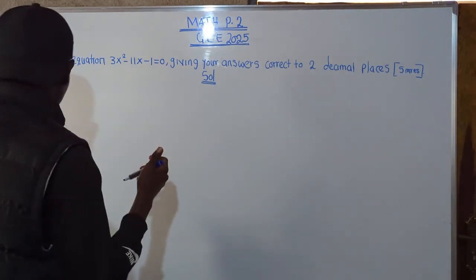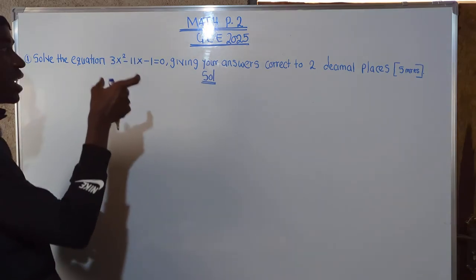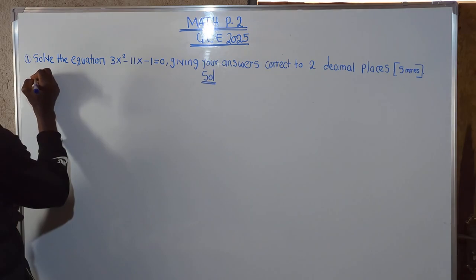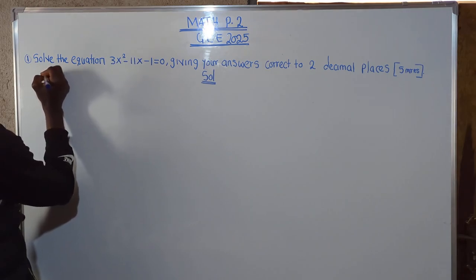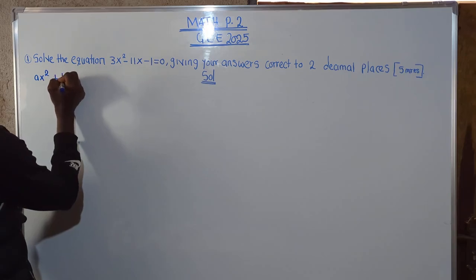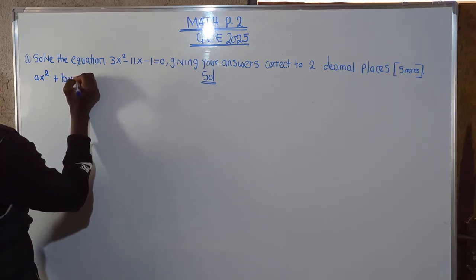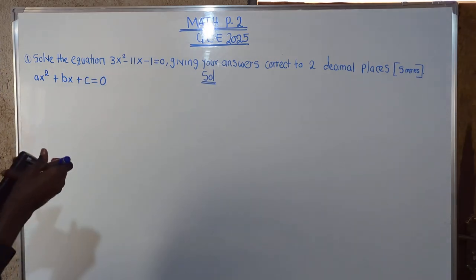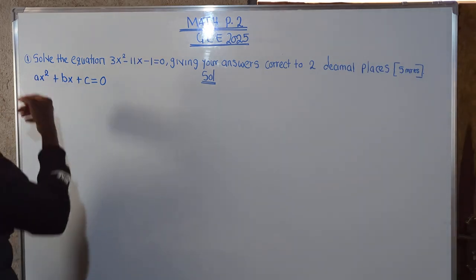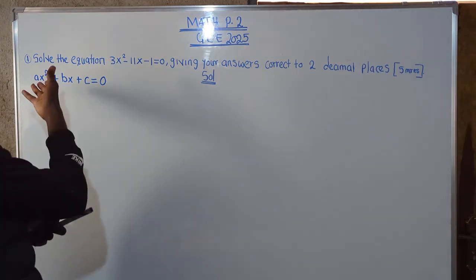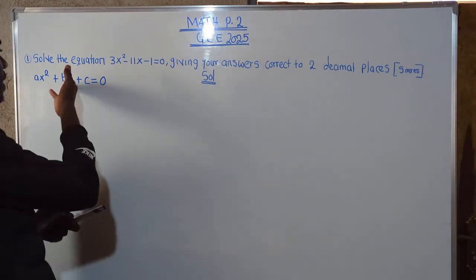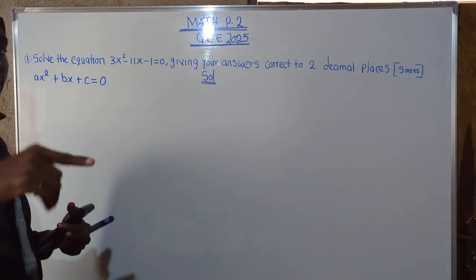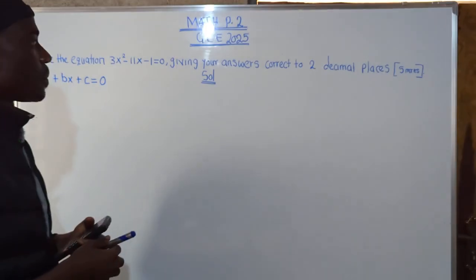Now, there is a formula which suits this quadratic equation, and the formula is ax to the power 2 plus bx plus c is equal to 0, where this a is the coefficient of x to the power 2, and then this b is the coefficient of this x, and then c is simply a constant.